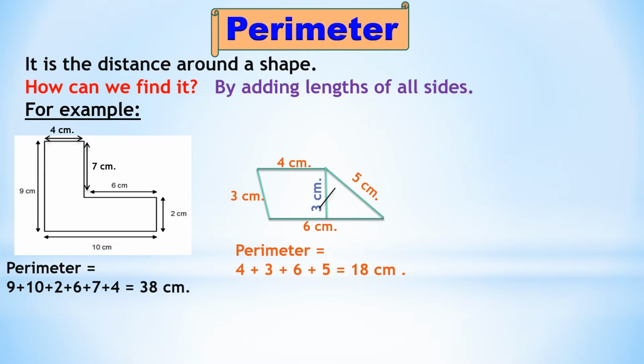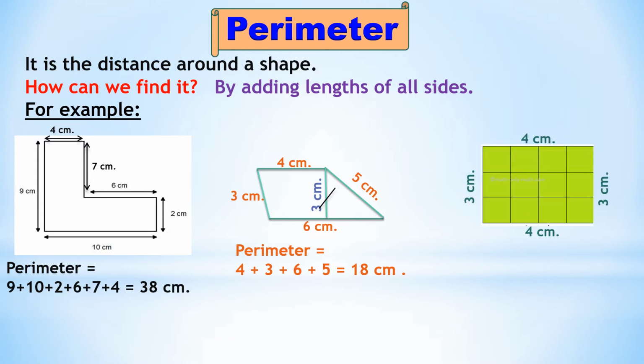Can we add the 3 which is inside the shape? No, we are finding perimeter. So we are moving around the shape, outside the shape. We will not go inside the shape. Never, never.